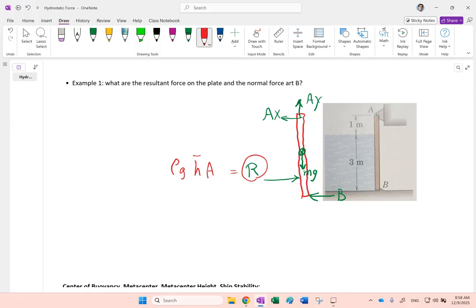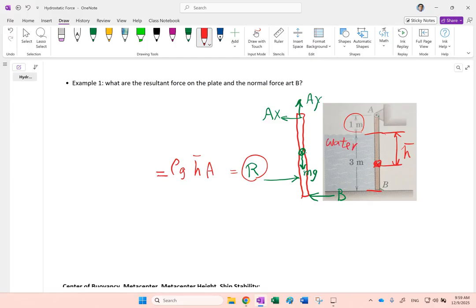So in this case, this is the body of water, it's 3 meters, so the centroid of that is right here. Now pay attention, this centroid is different than this one. This is the centroid of the whole object. This is the centroid of what? The body of the water, right? Because not all of this body is submerged. This much of it is above water. So that h bar is the h bar that I'm going to use, not all the way to A. Okay, and this is water in this case.